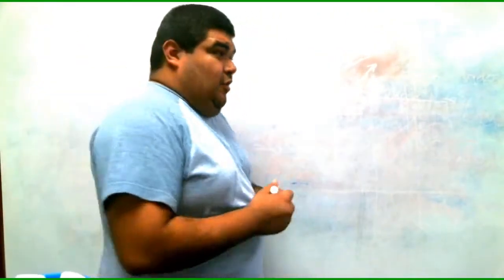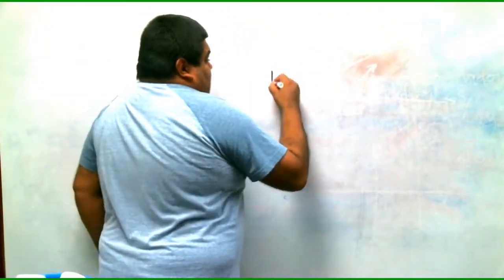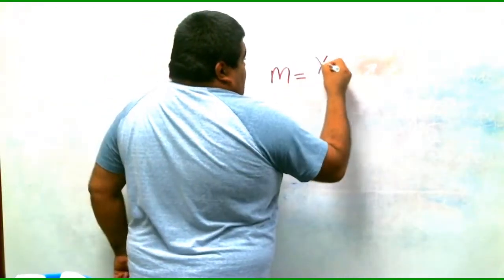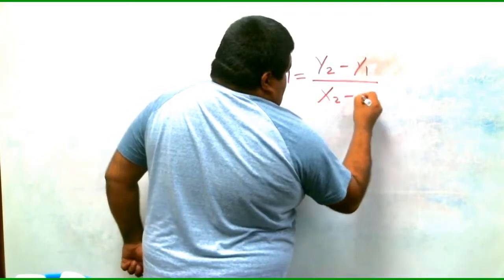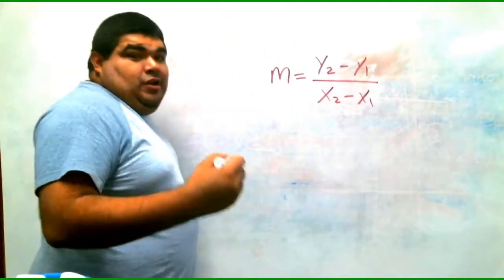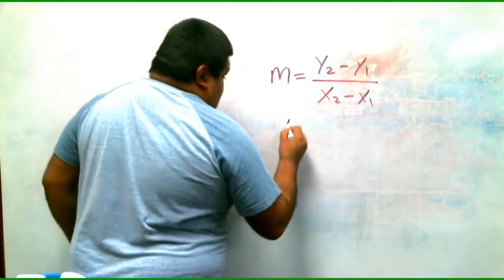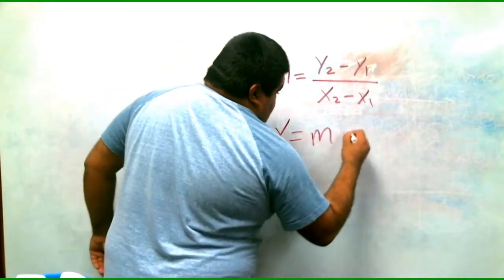So, let's do a little recap of what we learned so far. We learned about slope and how to find the equation of a slope. We also learned about slope-intercept, where we had y equals mx plus b. We found the slope, which was m equals y2 minus y1 over x2 minus x1.